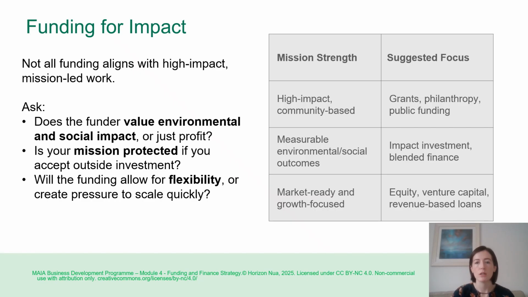Equity or venture capital can be suitable if your business is market ready and capable of scaling, but be cautious. This route usually involves shared ownership and performance pressure. Bottom line, align funding not only to your business model, but also to your mission and values. The right funder will support your vision, not force you to compromise on it.